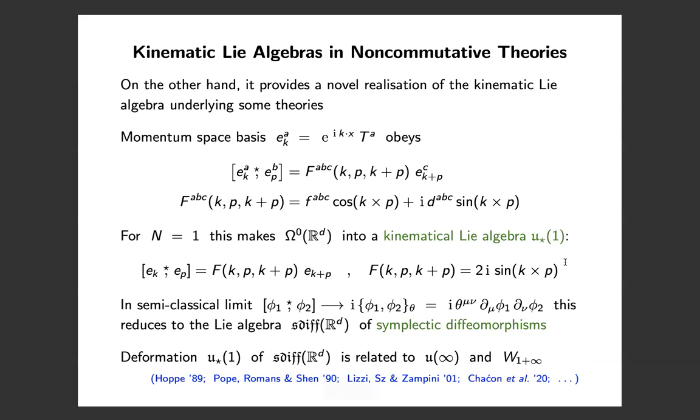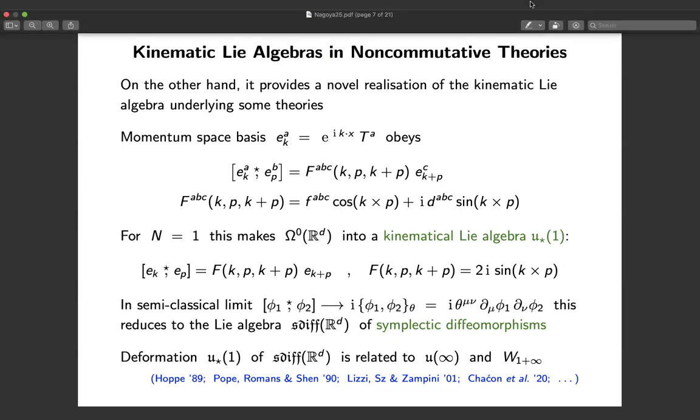On the other hand, this lack of color stripping will also provide later on a novel realization of some of these kinematic Lie algebras that I was talking about. And that's one of the nice things about the non-commutative theories. What we'll end up with is some very precise answers for what their kinematic Lie algebras should be.